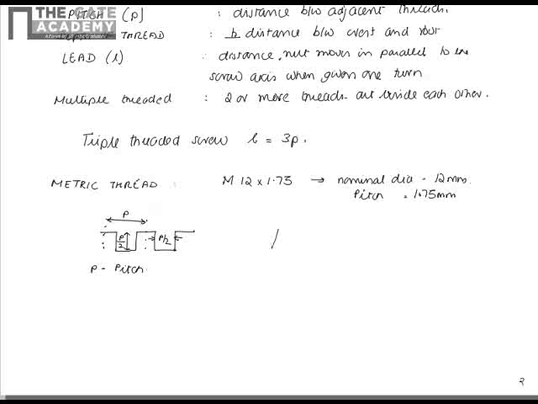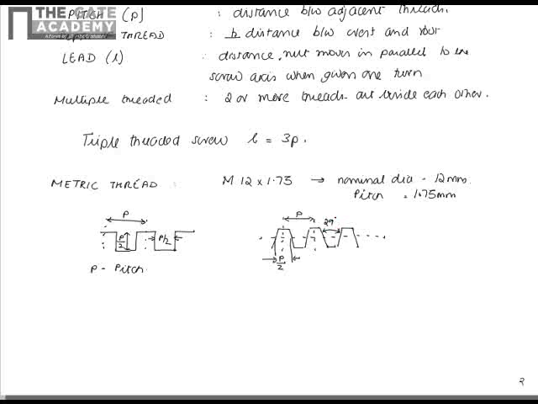Similarly, the Acme thread is similar to the square thread, but it has a tapering portion. Here, the pitch is the distance between the two adjacent threads. This is P. And if this is the pitch diameter, this distance will be P by 2, and usually the angle of the Acme thread is 29 degrees.